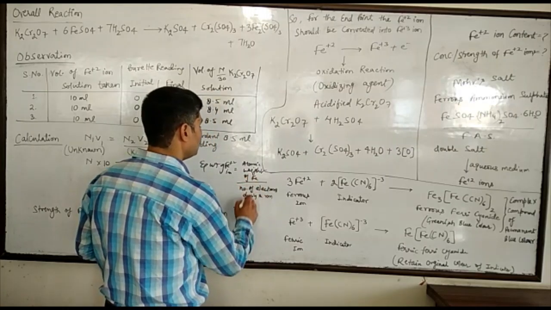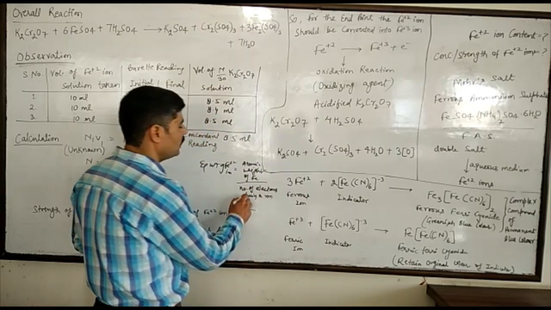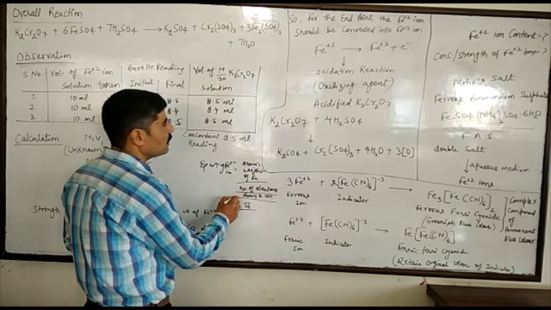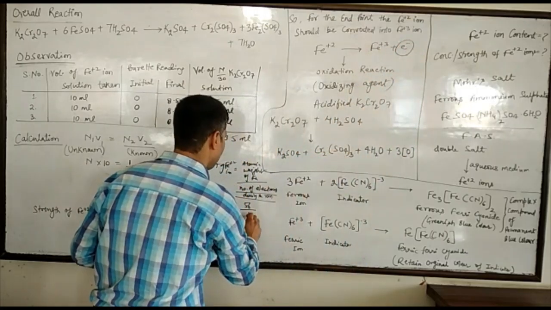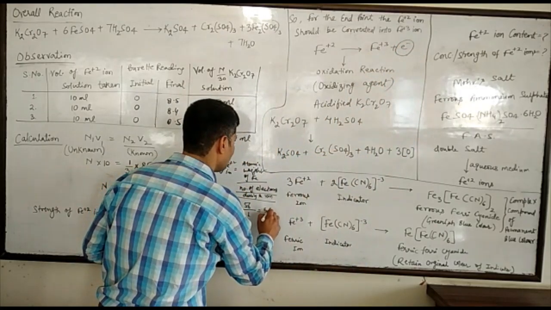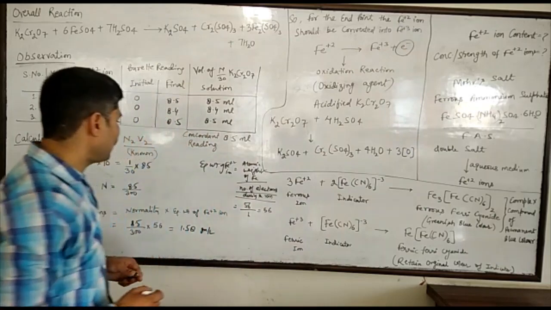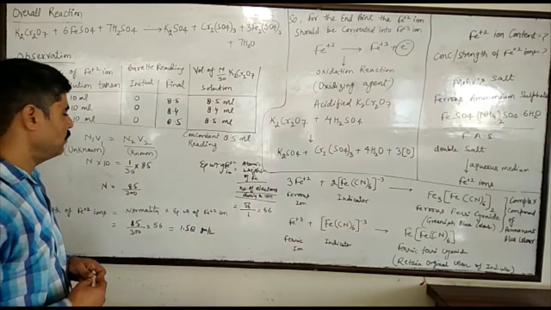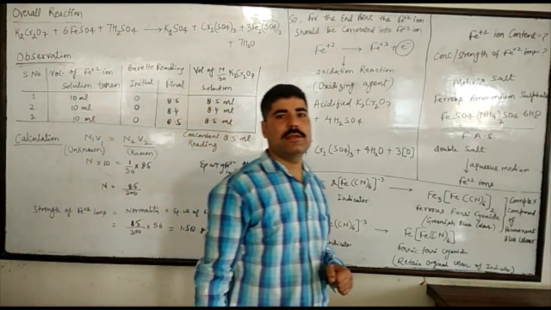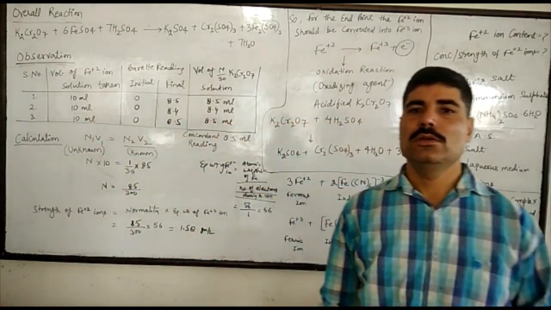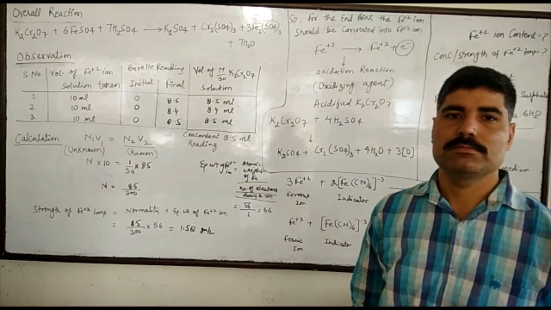The atomic weight of iron is 56, and the number of electrons exchanged during the reaction is 1 in this case. So 56 divided by 1 is equal to 56, and we multiply the normality with 56, and we get the strength of the Fe+2 ions. Thank you.